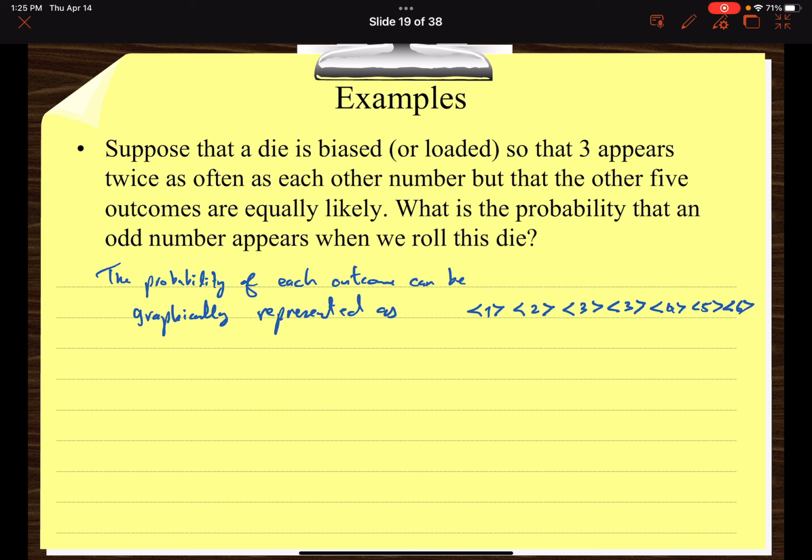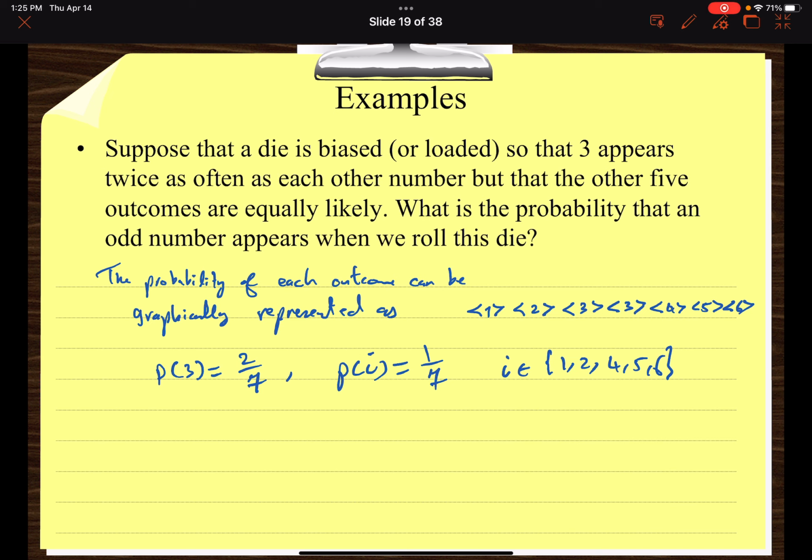So now, based on this, what is the probability of outcome 3? 2 over 7, right? And what is the probability of outcome i if i is one of 1, 2, 4, 5, 6? 1 over 7, right? So now I have found out the probability of each outcome, right?